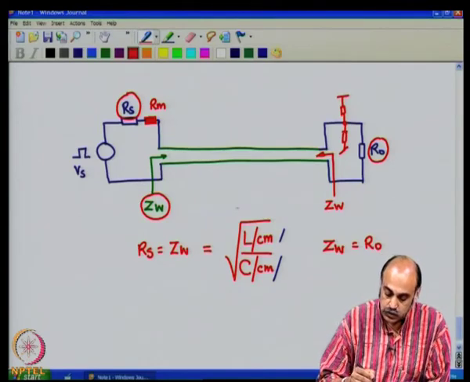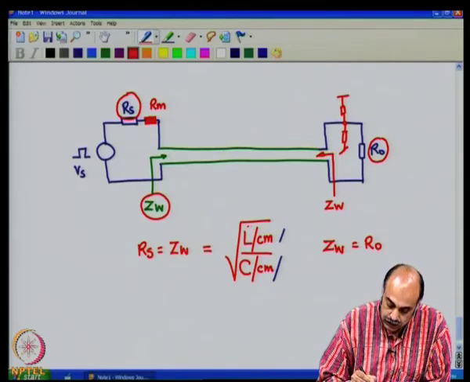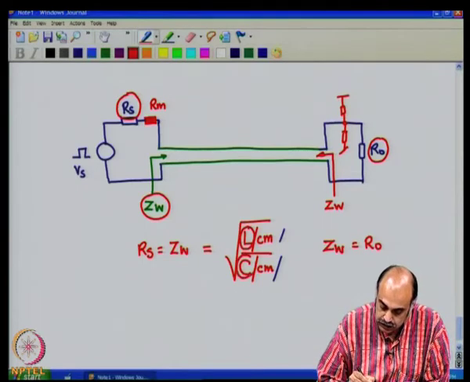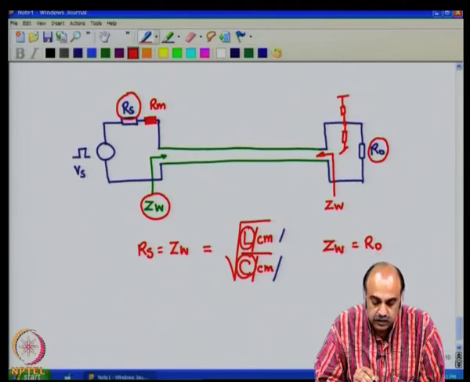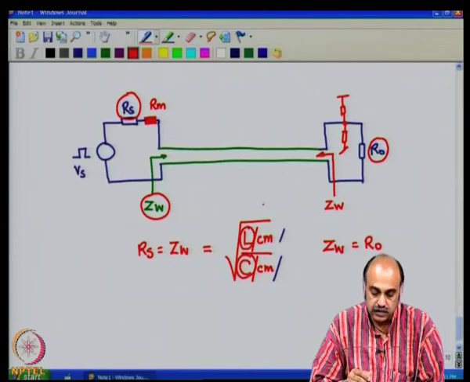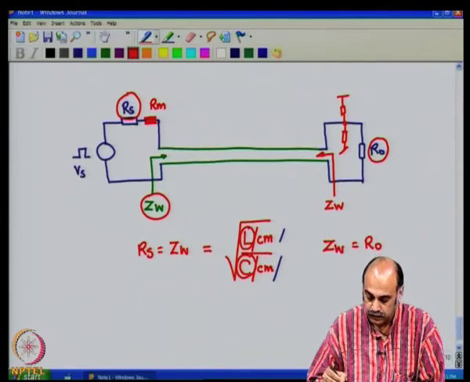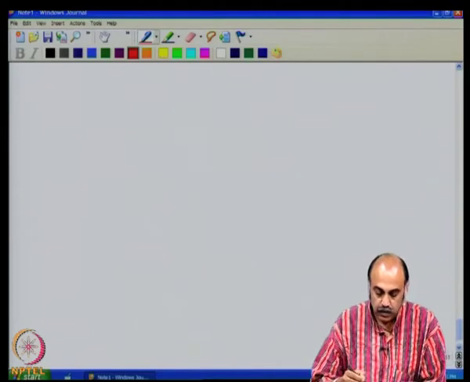Now, one could also change the values of L and C to bring about a change in the character of the transmission line, such that you bring about a matching of the impedances.